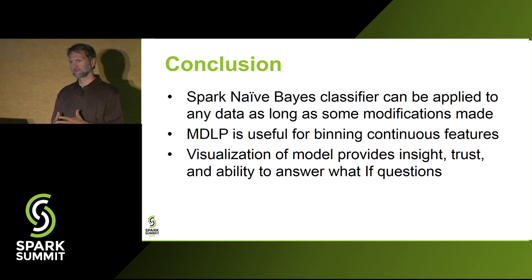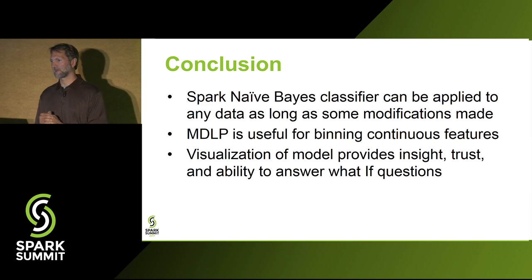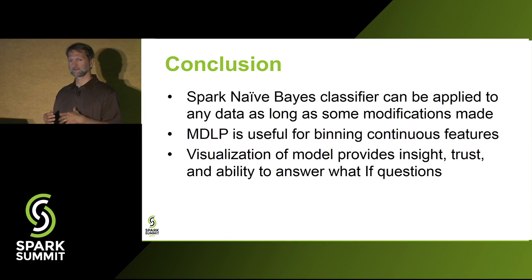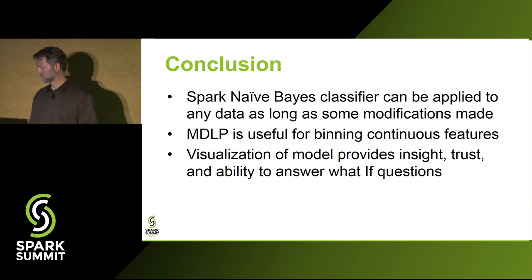And visualization of the classifier model not only provides you some really great insight into your data, but it gives you some level of trust that your classifier is working as it should be, and it helps to explain why predictions are being made, so you can really get in there and understand why a certain prediction is made. And it gives you this interactive ability to run what-if scenarios and ask questions about any set of attributes. For things that you know are the case, you can find out what the prediction would be.